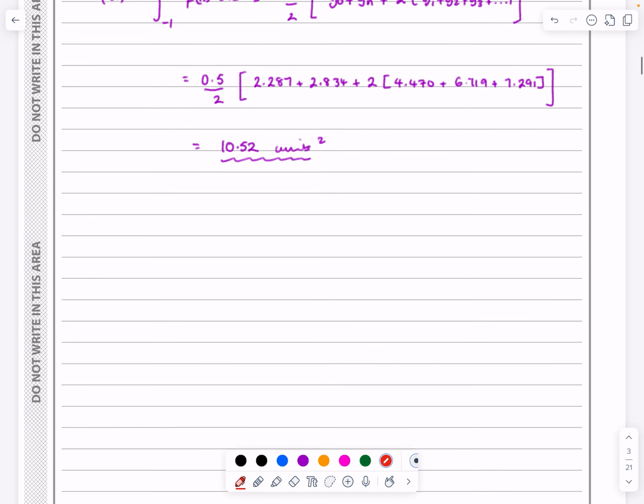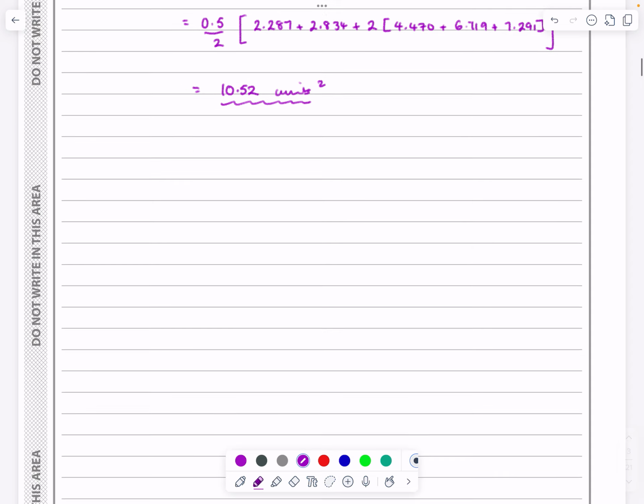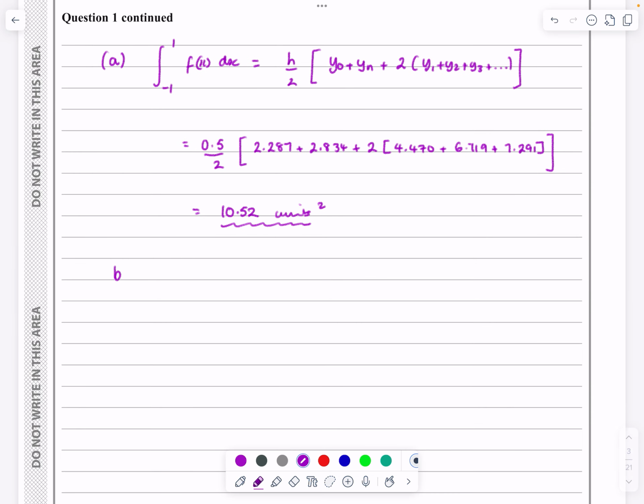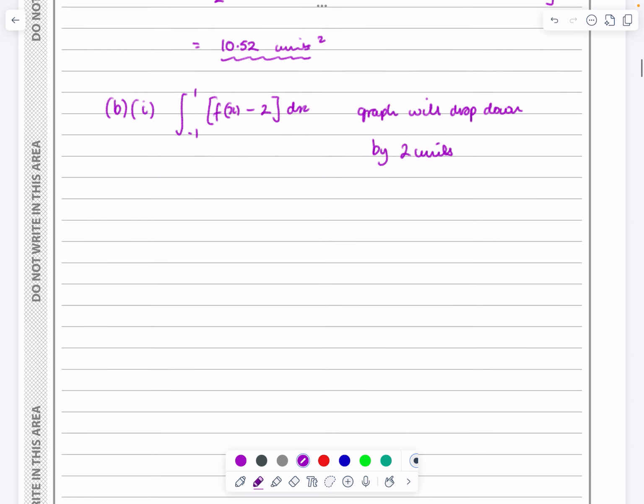So let's explain this to the examiner. So B part 1, if I want the integral between 1 and minus 1 of f(x) minus 2, it's all dx, but f(x) minus 2, I'm going to say graph will drop down by 2 units, really just explaining it to the examiner.